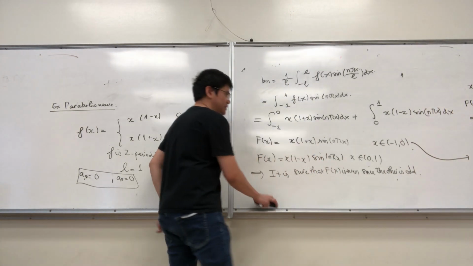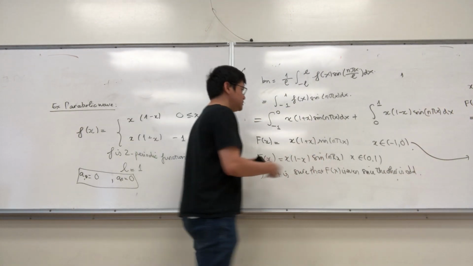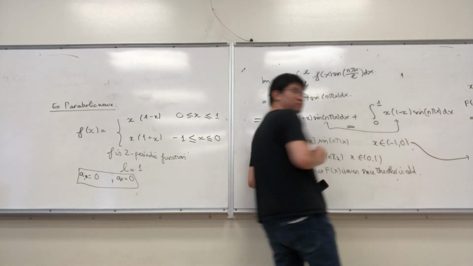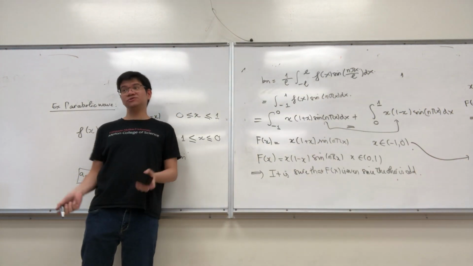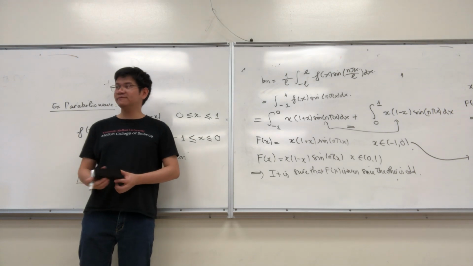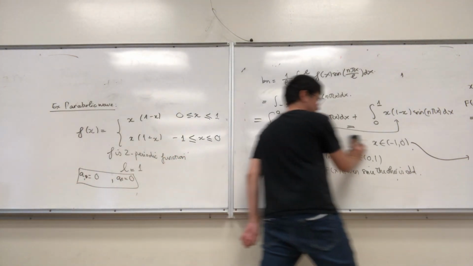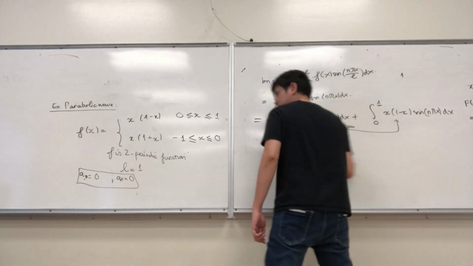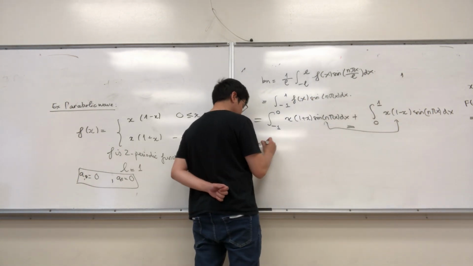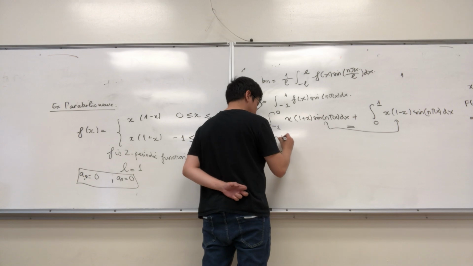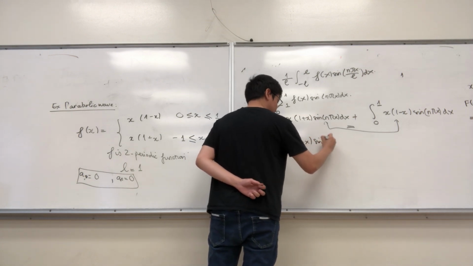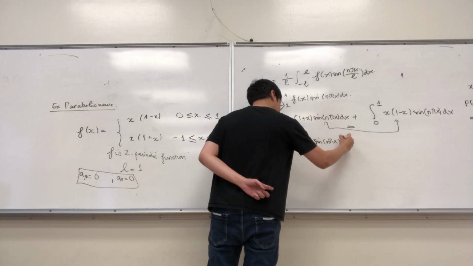So in other words, because they are equal, this integral and this integral are equal. We only need to compute one of them, right? So let us try to compute the second one. So this is going to be 2 times the integral from 0 to 1 of x(1 minus x) sin(n pi x) dx.